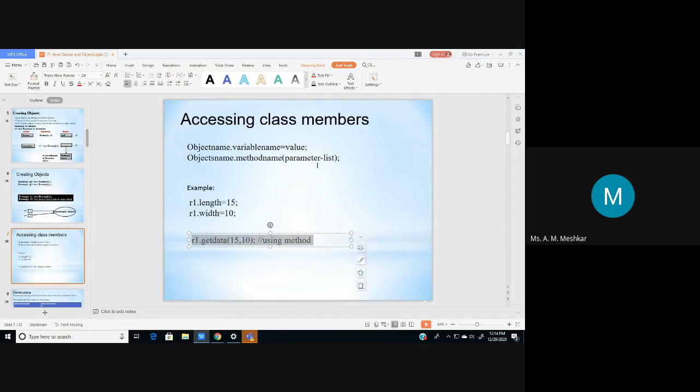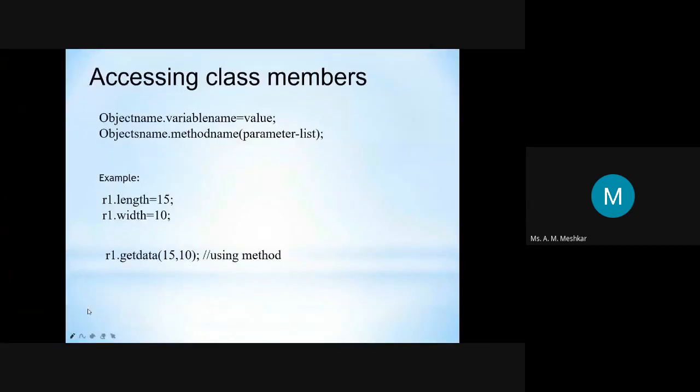You can do the same job of assigning the values to the data fields of an object by calling a method also. इससे आपका task और reduce हो जाएगा. So instead of assigning the value to each variable separately like these, you can simply use the method like this: R1.getData(15, 10).